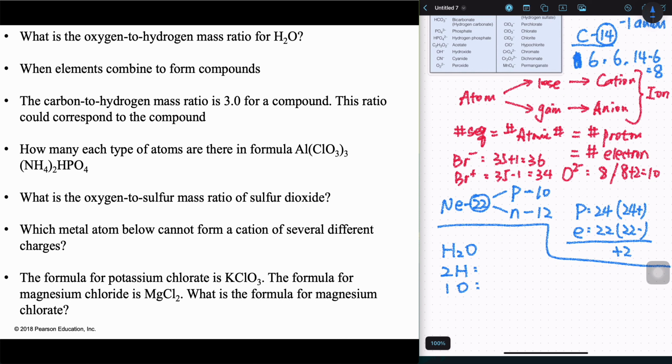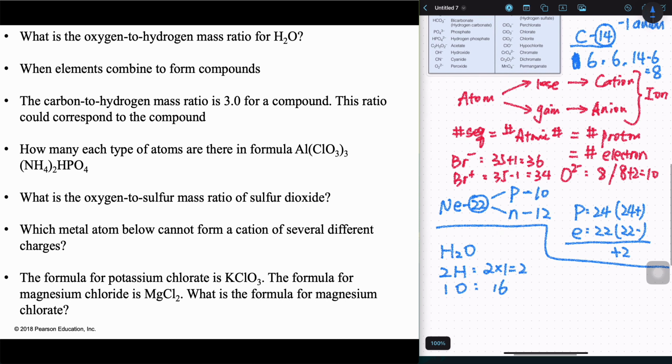We can directly read it from the periodic table. If you go to your periodic table, you'll find the mass of hydrogen is 1, so 2 times 1 will give you 2. For the oxygen, we can also directly read from the periodic table. It's 16.00. Therefore, the mass ratio between hydrogen and oxygen will be 2 to 16, or 1 to 8.